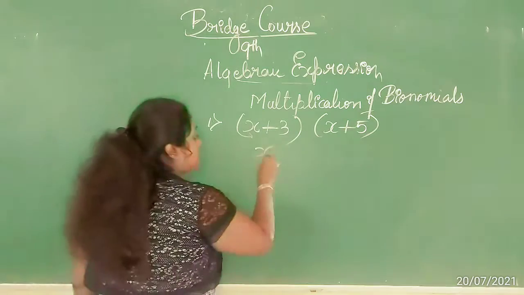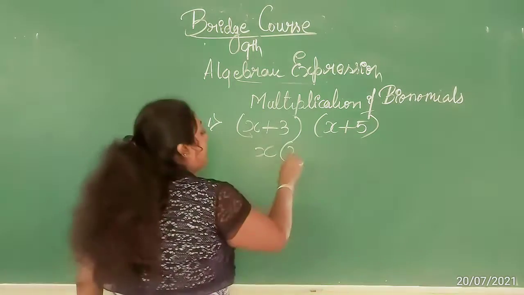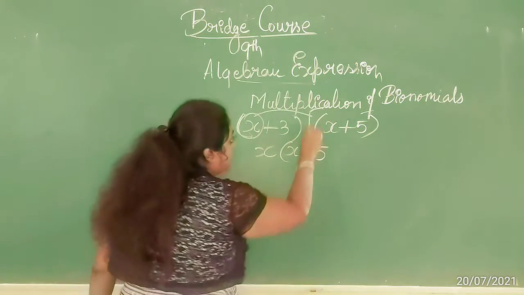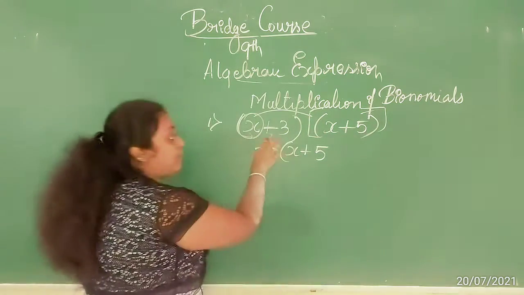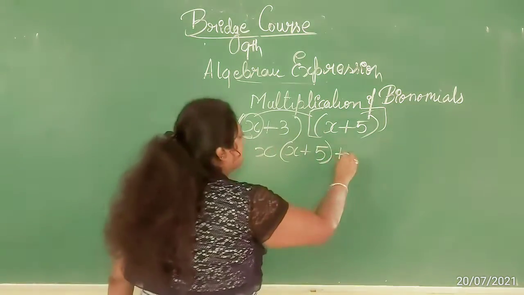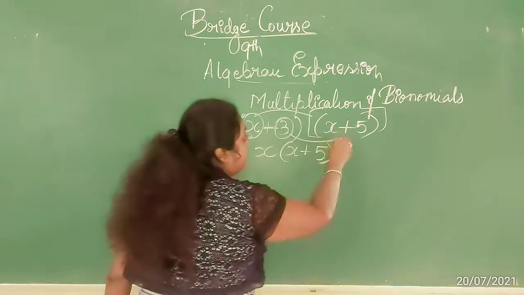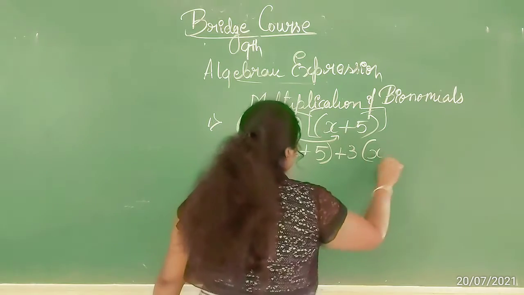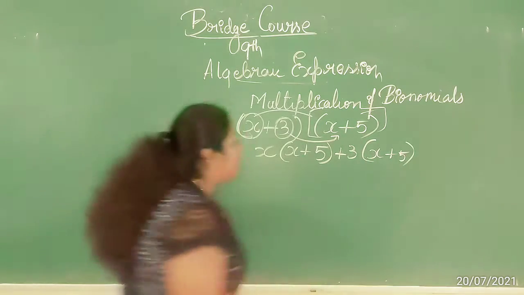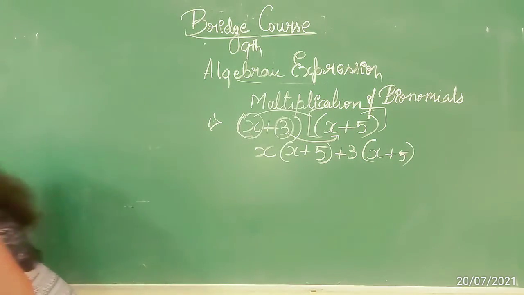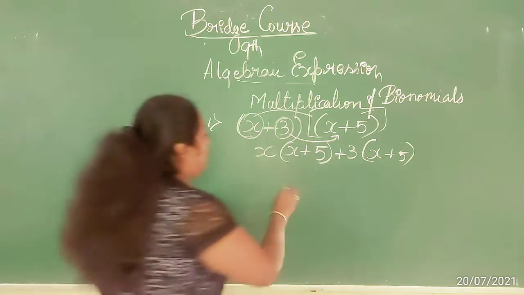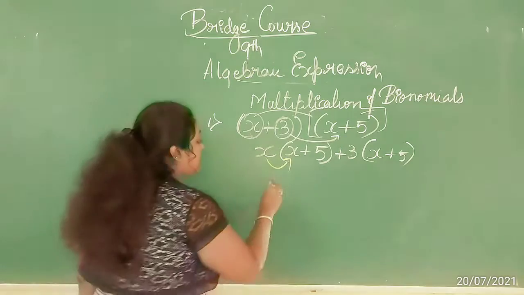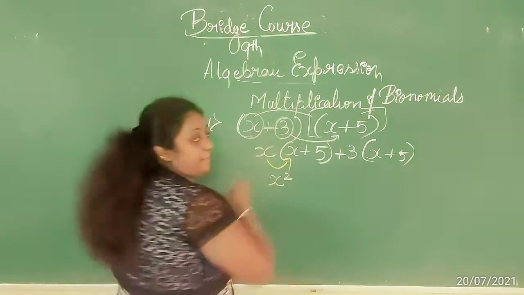First you see x here. x plus 5. You have to take this first term, multiply this entire thing. Then what is the sign here? Plus. Again take this 3 and multiply this entire term. Now see here. x into x is what? x into x is x square.